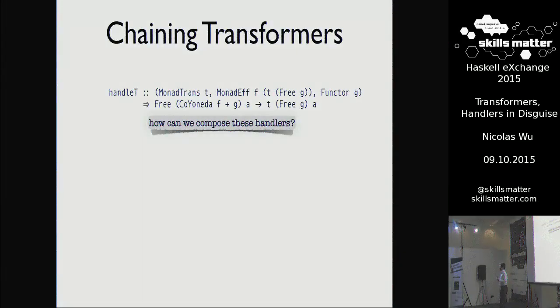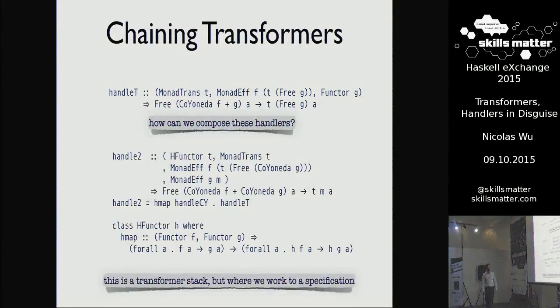And so we started this talk with this question of compositionality, and the question is, well, can we compose these handlers together? That would be nice to know. Well, let's try to compose two of these together. So suppose we've got two bits of syntax, a co-unit F piece of syntax and a co-unit G piece of syntax. That's to say, two bits of syntax that we've recovered from a type class.